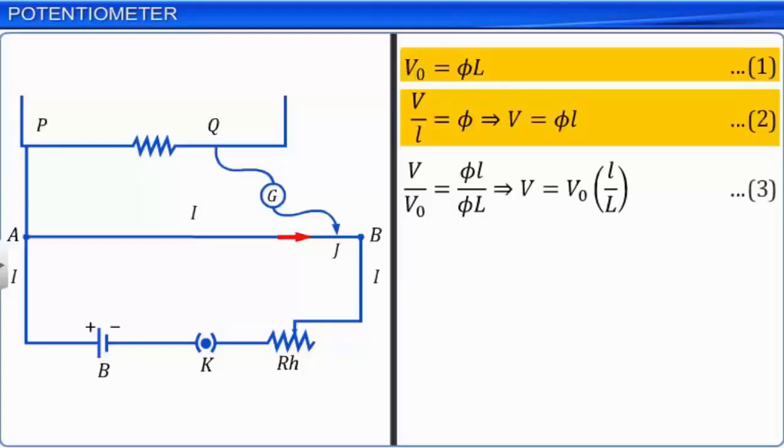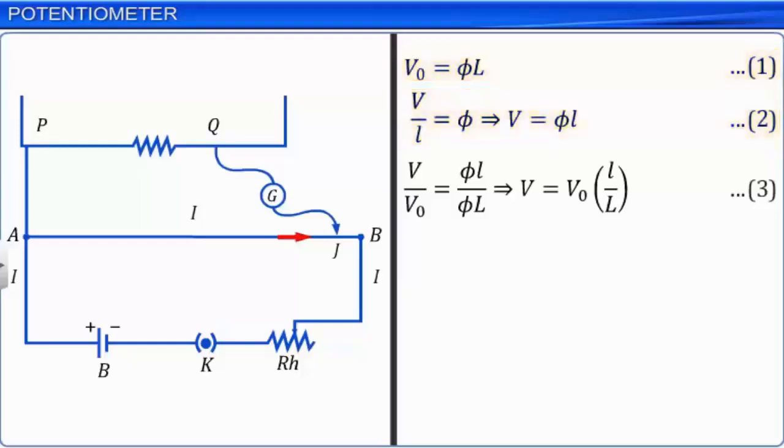To find the value of V naught, the resistor in the secondary circuit can be replaced by a cell whose EMF E naught is known. Then, contact is made using the jockey at different points on the potentiometer wire till a balancing length L naught is obtained.